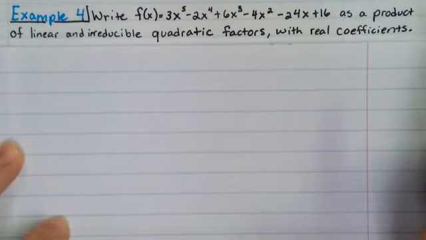So example 4, we have this lovely little function, and it says that it is a product of linear and irreducible quadratic factors. We want to write this as factors. Now, for those of y'all who watched the AP video, the one that was part B on this section, what we did is we ended up factoring, really basically factoring, but we included the complex ones.